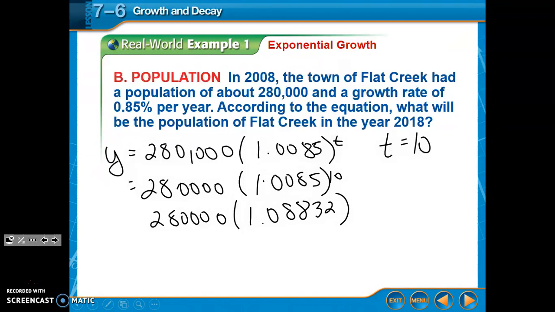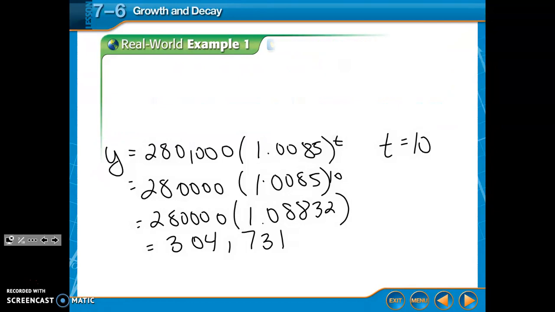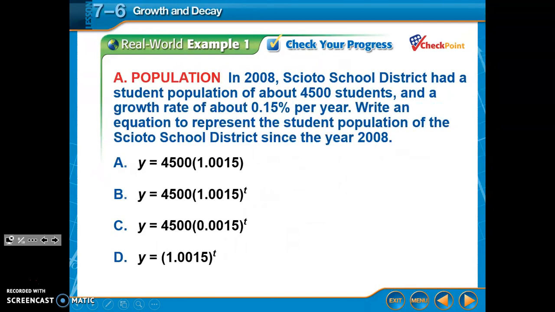And this becomes 304,731. So this is going to be our population in the year 2018. You guys try this.